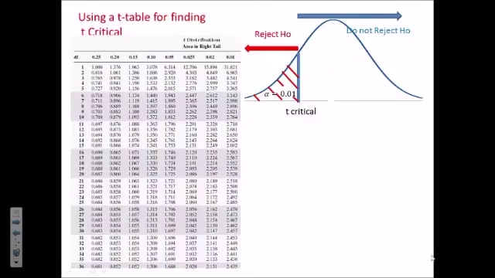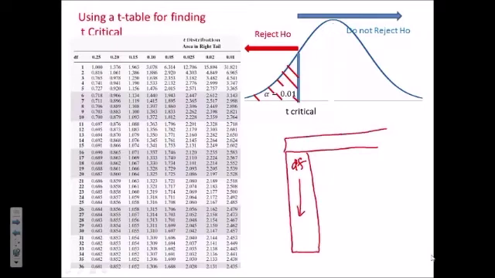What we can do to find T-critical is to use a T-table like the one shown in this picture. The way this works is we have degrees of freedom in this column, and across the top we have right tail areas, and in the body of the table we have the T-scores, or for us, T-critical.